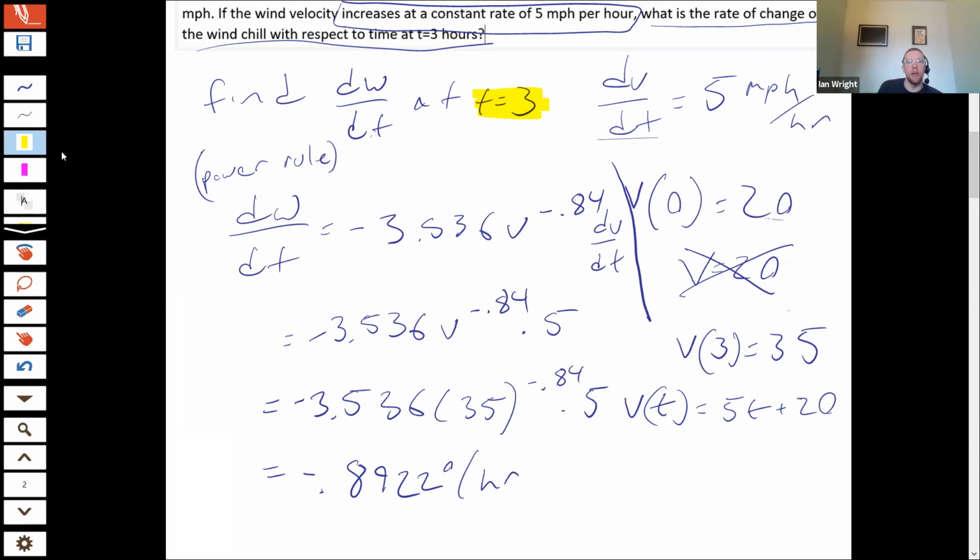And again, the trick is figuring this out here.